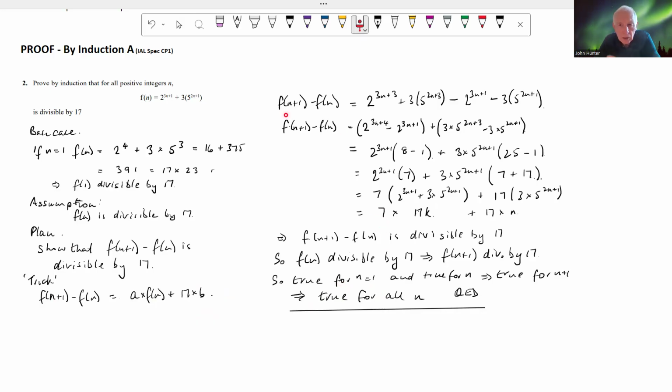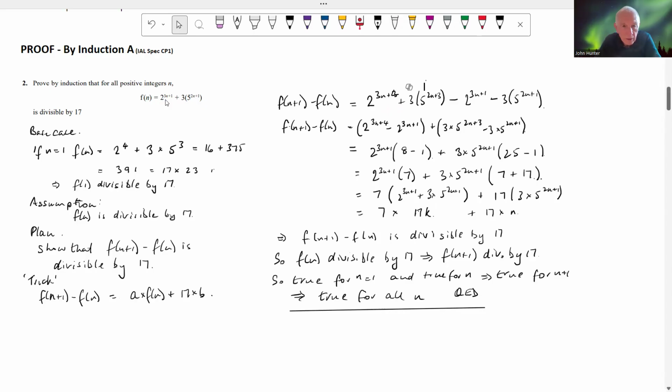All right, so if we look at this, obviously this part here is just the same expression as we've got here, but with n plus 1 substituted in for n. So that's going to give us 3n plus 4.